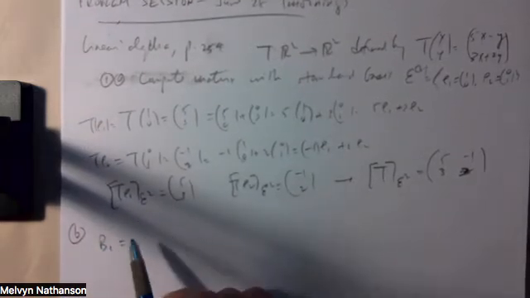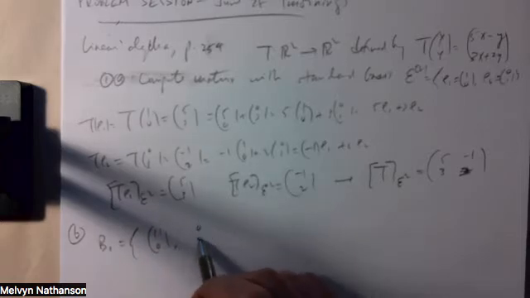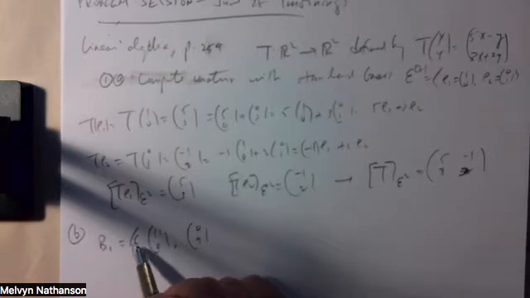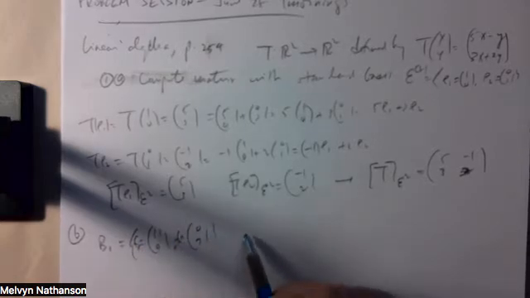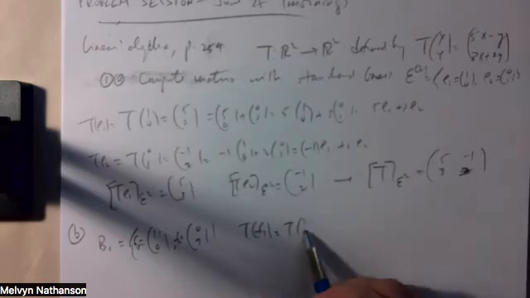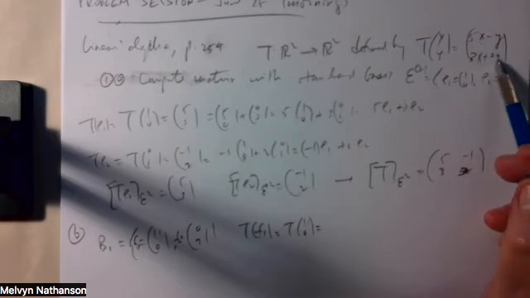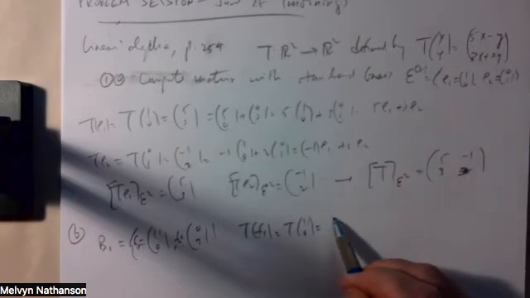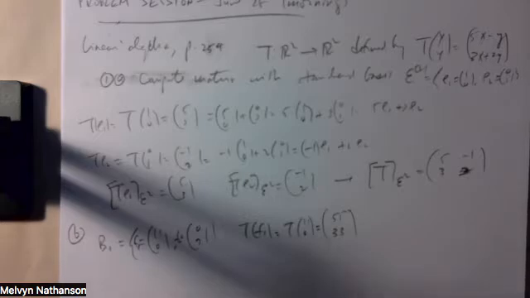So if we take the basis B1, it consists of two vectors, (11, 0) and (0, 7). So maybe I'll call this vector F1 and this vector F2. Then T of F1, that's T of (11, 0). When you let x equal 11 and y equal 0, you get (55, 33).